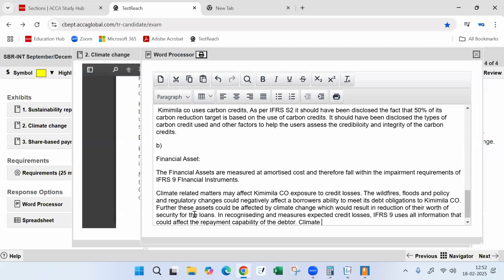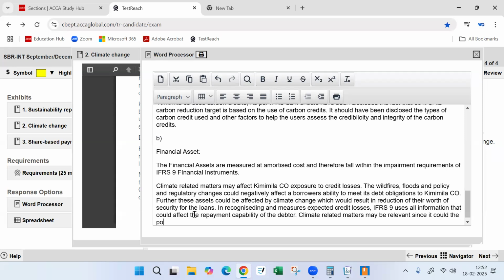So hence, climate related matters may be relevant since it could affect the potential future economic benefits that could be received from the debtors.